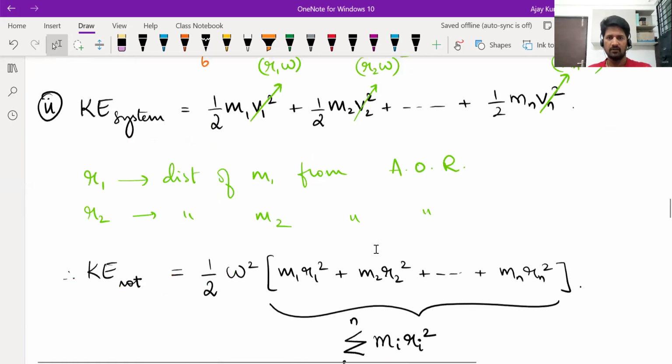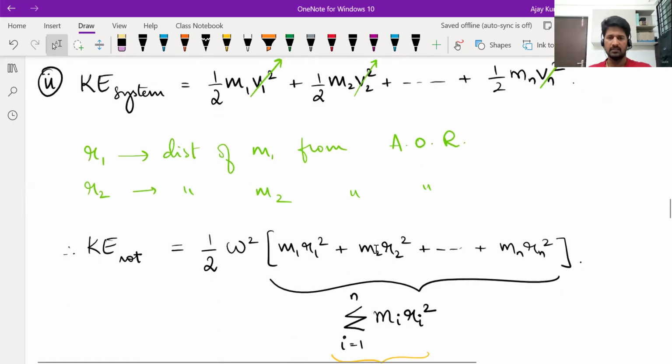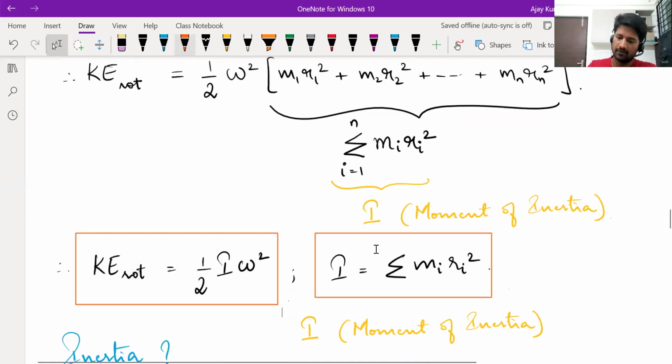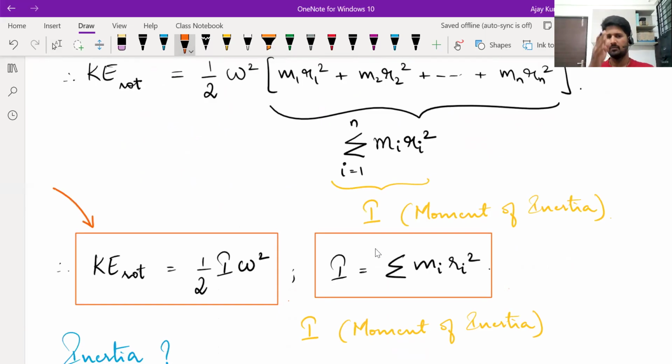And when we tried to derive the expression for kinetic energy, we got it as half I omega square, where I is moment of inertia about that axis. So in rotation, if you want to calculate kinetic energy, you need to first calculate moment of inertia and you need to know how fast the system is rotating.